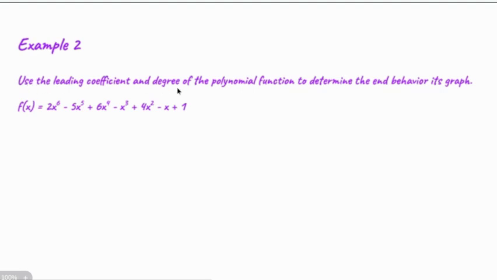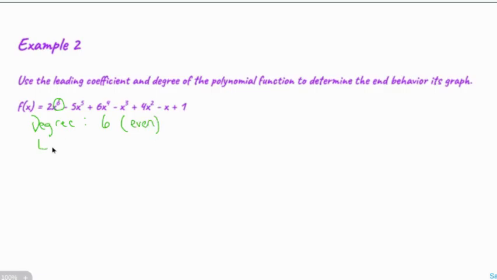Using the lead coefficient and the degree of the polynomial, determine the end behavior of the graph. Okay, so we've got a polynomial written in standard form. Its degree, we'll just write that out real quickly, is 6. That's right here. So that's even.